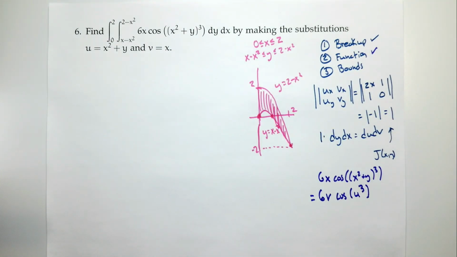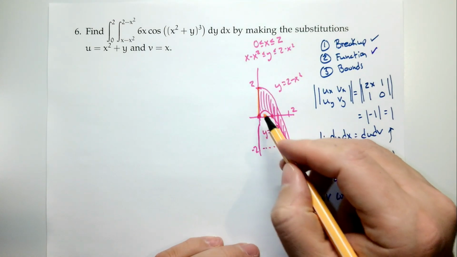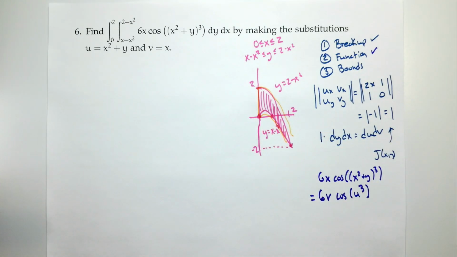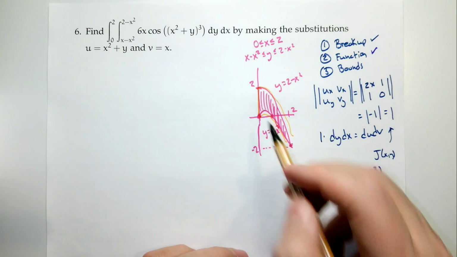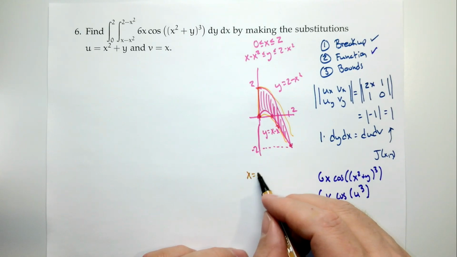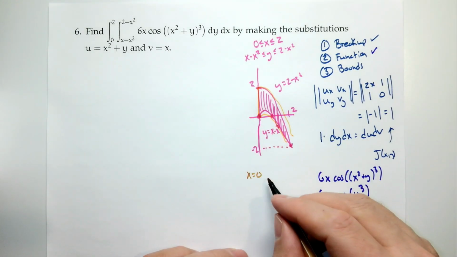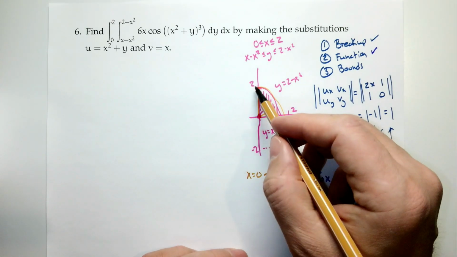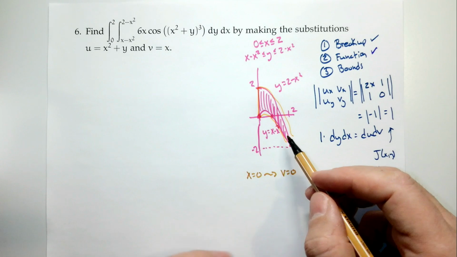Now, here it's a little more interesting. How many bounding curves do we have? We have 3: 1, 2, 3. So we're going to figure out what happens to each one of those curves. Let's be careful and write them down. The one on the left here is x equals 0. That's not so hard to translate: since v equals x, that becomes v equals 0. The next curve, y equals 2 minus x squared.